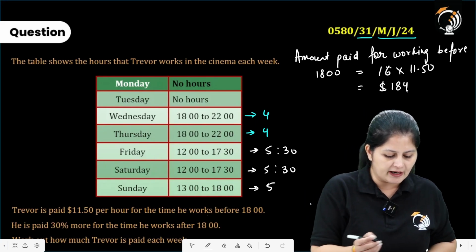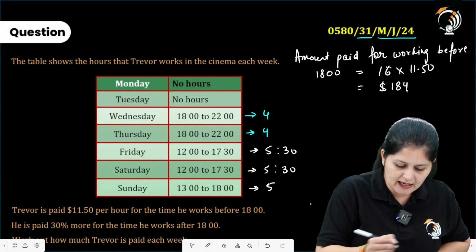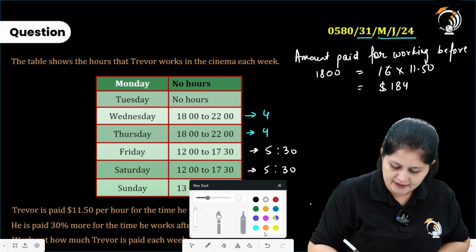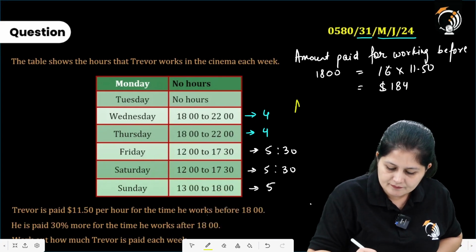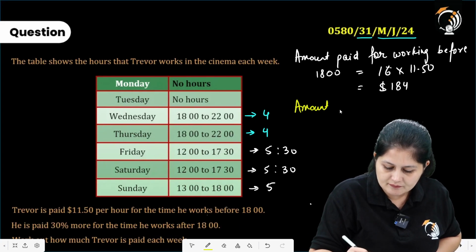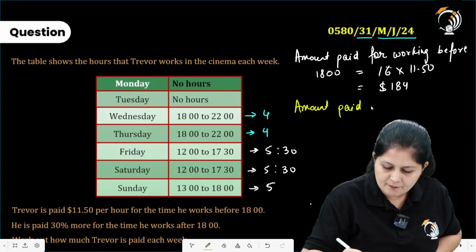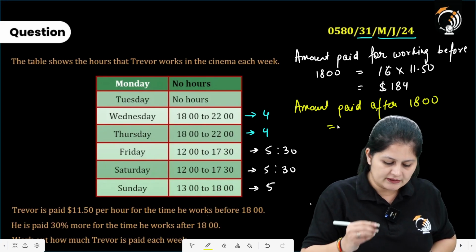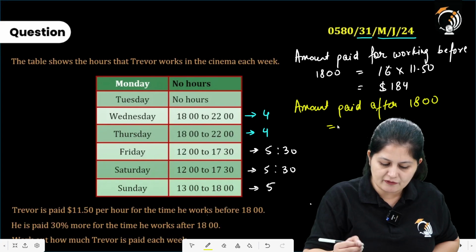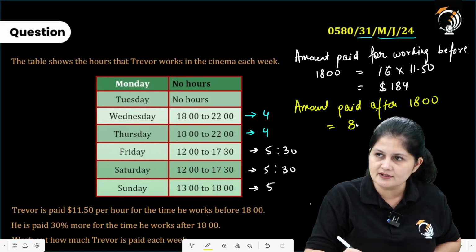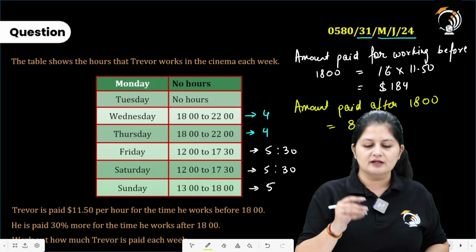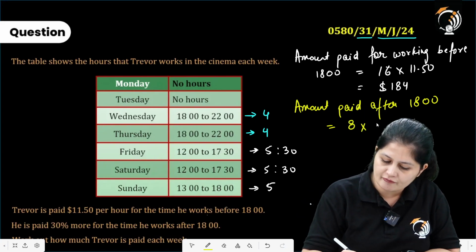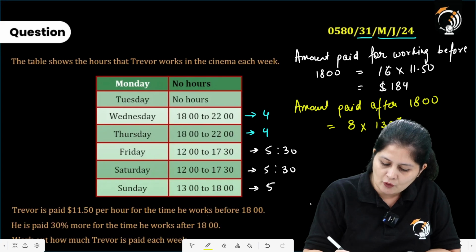So here we need to find out the amount he is being paid per hour for working after 1800. It will be equal to the number of hours for which he is working, which are 8 hours here, multiplied with 130% of 11.50, right?